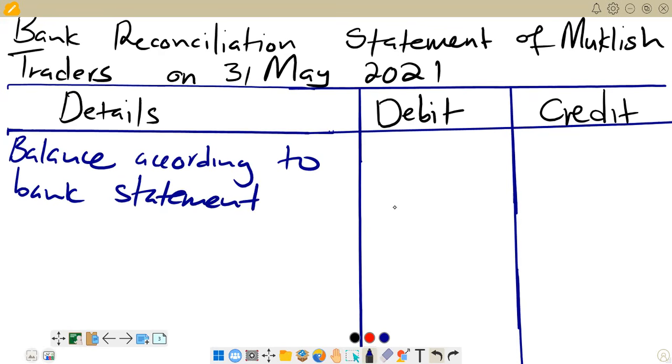This is an unfavorable balance. So when it's unfavorable, it should be on the debit side. Remember, when you deposit the money, it should be on the credit. But when money is being withdrawn on the bank statement, it's shown on the debit. So unfavorable comes on the debit. So we have 48,963 that we have there.